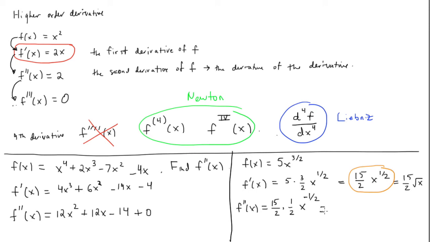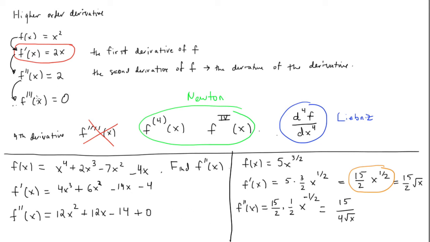Okay. And now let's just simplify this a little bit. So 2 times 2 is 4, and a negative 1 half as an exponent means it's a square root in the denominator. So we could write this as 15 over 4 square root of x. And that looks much nicer. Okay, so you can do this for even higher derivatives.